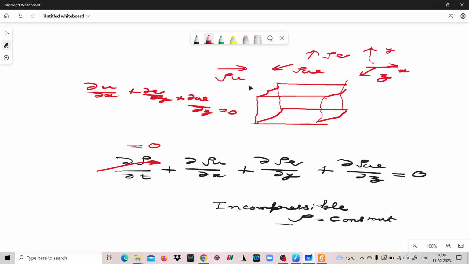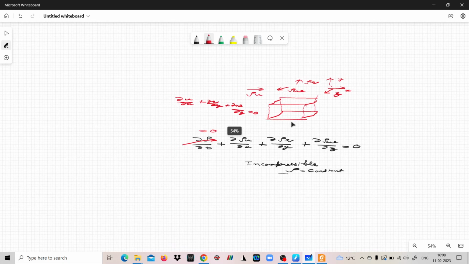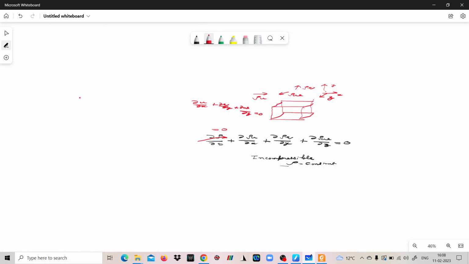Now for any given velocity field, say we have a velocity field capital V, which basically has three components u, v, and w: u along x-axis, v along y-axis, and w along z-axis, represented by i cap, j cap, and k cap, that is, unit vectors along x-axis, y-axis, and z-axis, such that u is a function of three-dimensional space and time in general. v is a function of space and time.